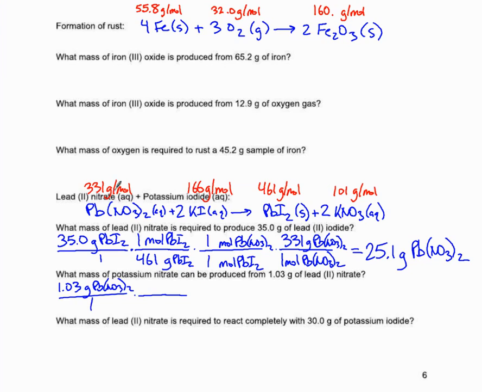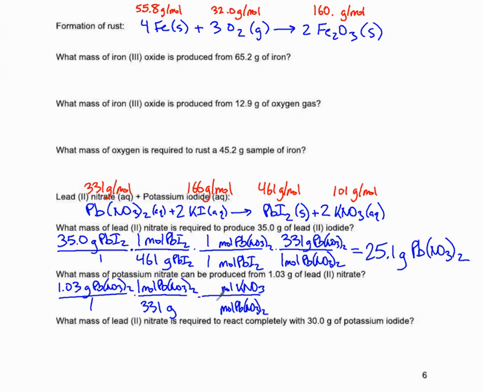So we are dividing by the molar mass, 331 grams per mole of lead-2 nitrate. The next step is your mole ratio step. And we are looking for potassium nitrate.